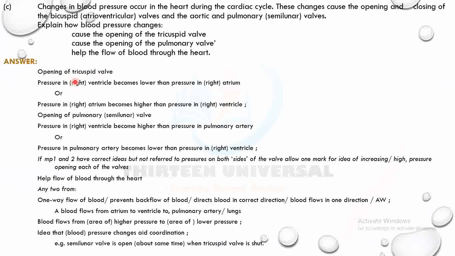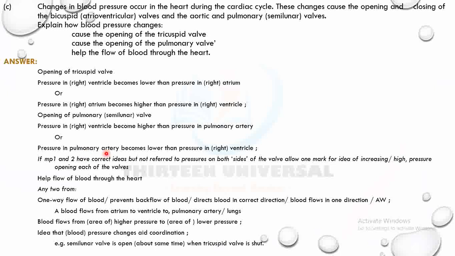So look at it. Opening of the tricuspid: pressure in the right atrium becomes higher than pressure in the right ventricle. So once the ventricle pressure becomes lower, blood can move from the right atrium to the right ventricle. For opening of the pulmonary valve, pressure in the right ventricle becomes higher than pressure in the pulmonary artery. That's why it opens.